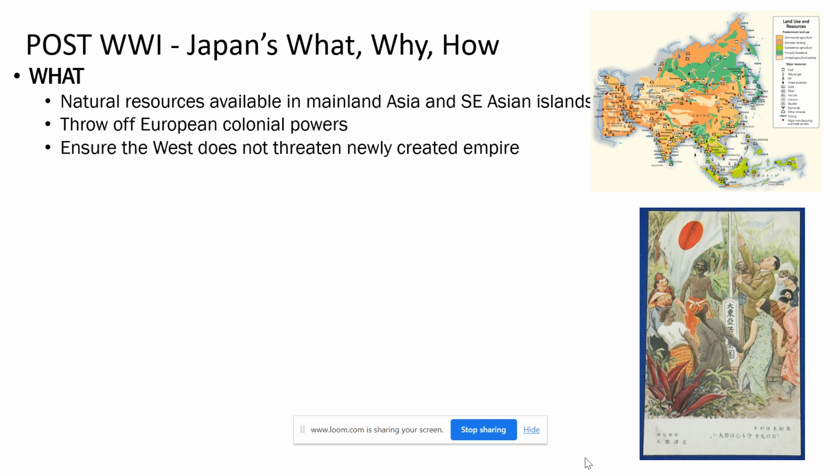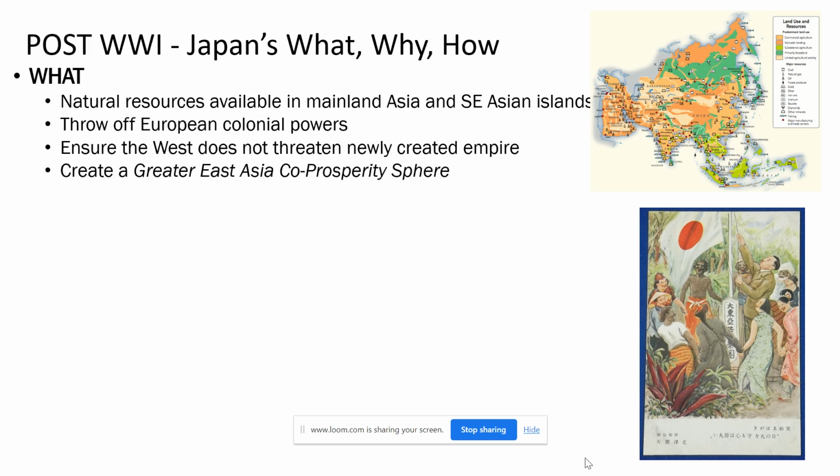The other thing they're worried about is that as these Western powers are getting more territory, more land, more influence, they're going to be encroaching on them as an empire. You could think about this as the Monroe Doctrine for Japan: we want Japan and Asian countries to take care of their own affairs. We don't want outsiders coming in. And so that's going to be their vision for East Asia as well.